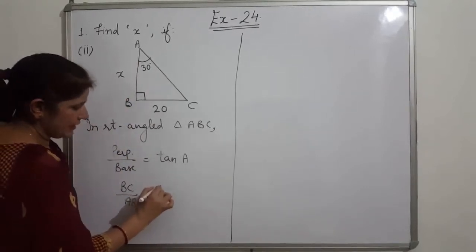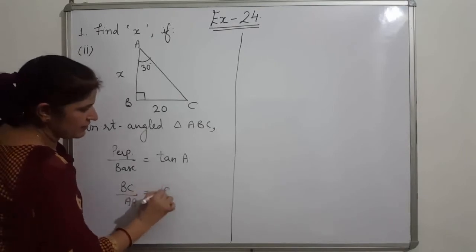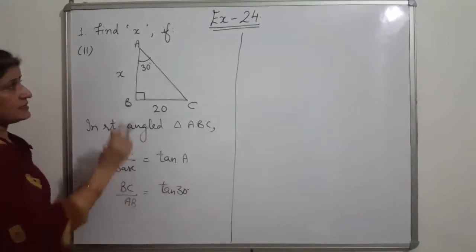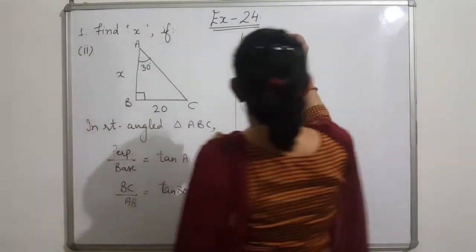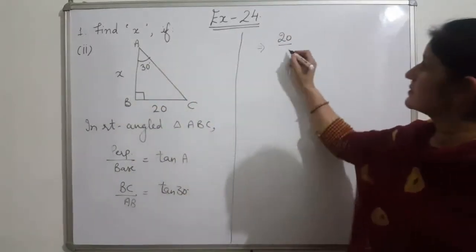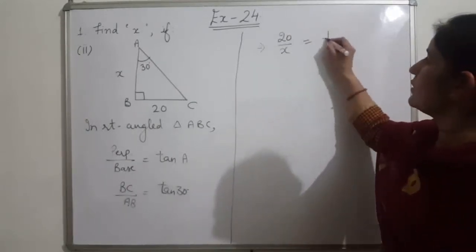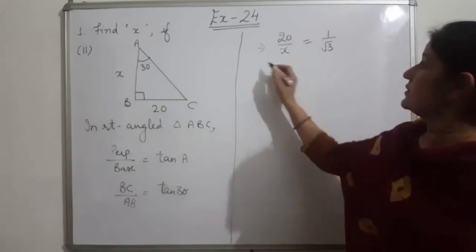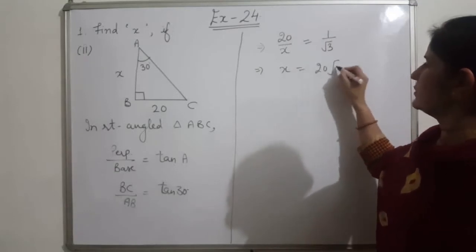And tangent A means tangent 30 degree. Now BC is 20, you can substitute here. AB is x, equal to tangent 30, its value is 1 over root 3, which we have learned in the previous chapter. So by cross multiplication x is equal to 20 root 3.